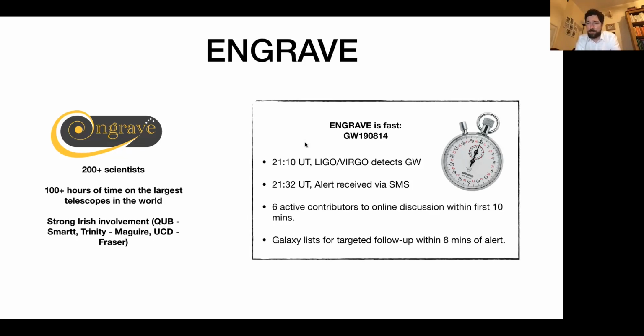Within 10 minutes, we had 6 members of ENGRAVE on duty, discussing strategy online. What should we observe? What telescopes should we activate? Within 8 minutes, we had a list of galaxies where we think the counterpart might be hiding, the galaxies we're going to observe first. So ENGRAVE has done a lot of good work in preparing, making sure we're best placed to find the counterparts to the next gravitational wave event.